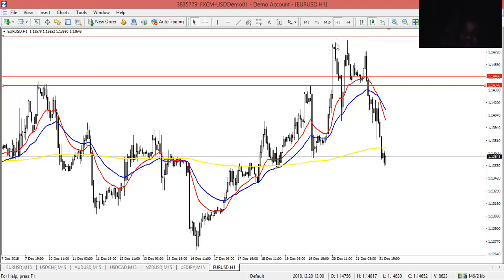In this kind of situation, you can see that the red and the blue have crossed the yellow. After the cross, it takes each candlestick 1 hour to form.